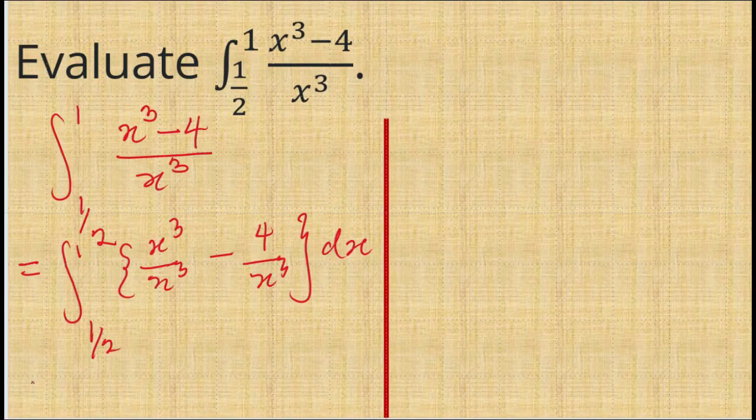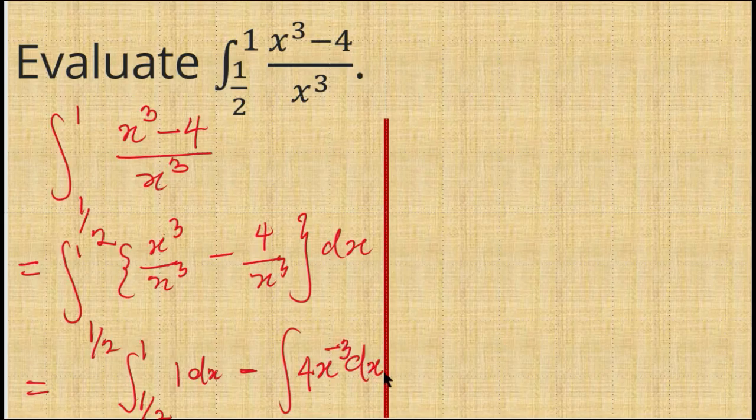So that I can write this as the integral of x^3 over x^3, that's 1, with respect to x. I'm breaking it down individually. Then here also will be 4 over x^3. From indices, I can simply write this as 4x raised to power minus 3 with respect to dx.